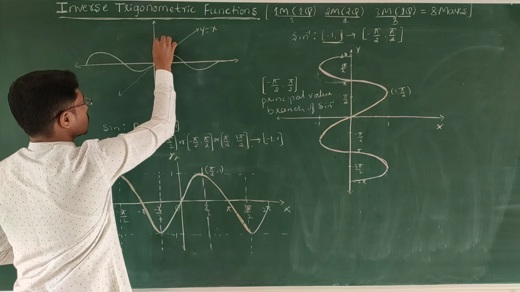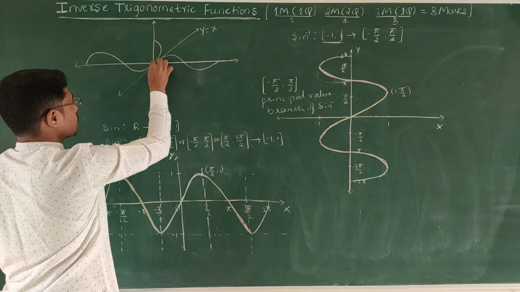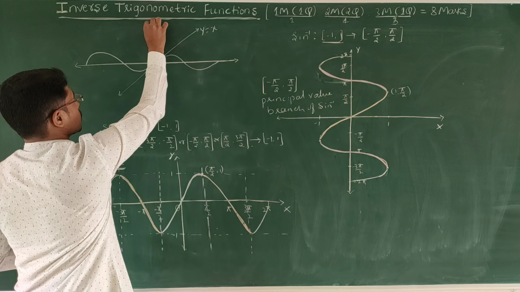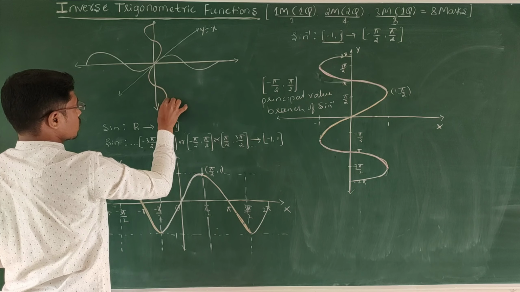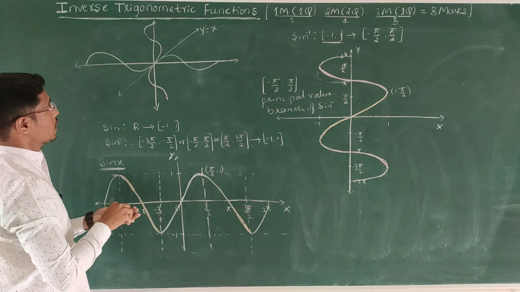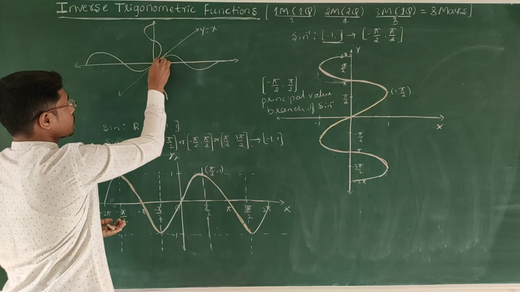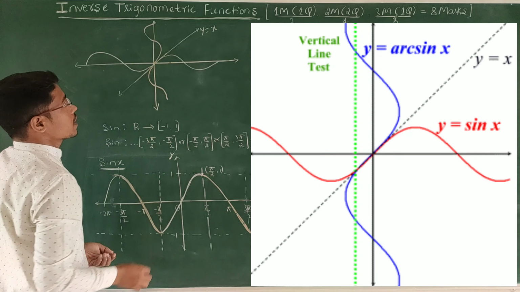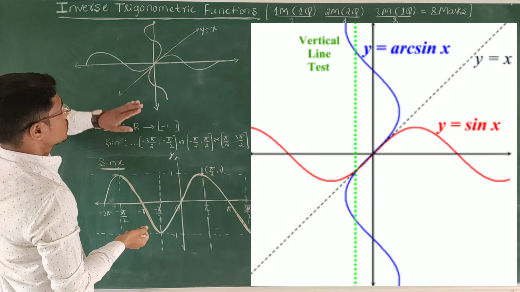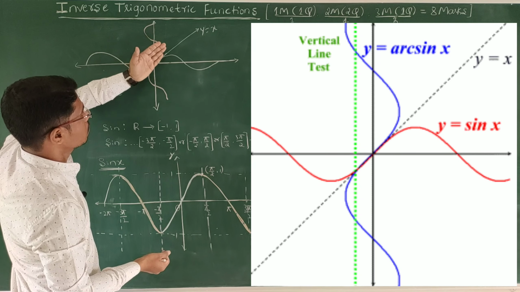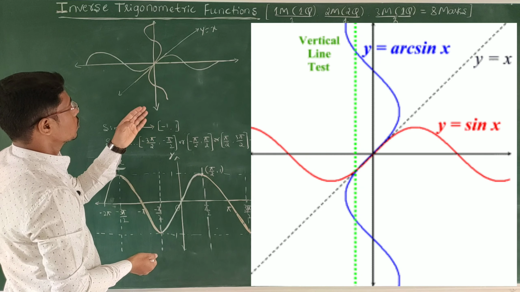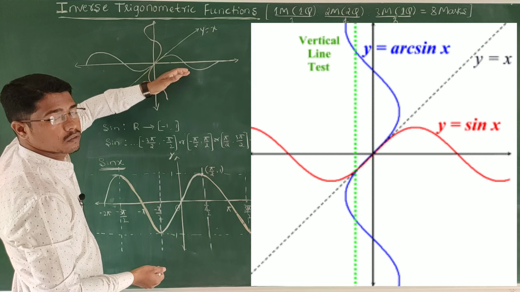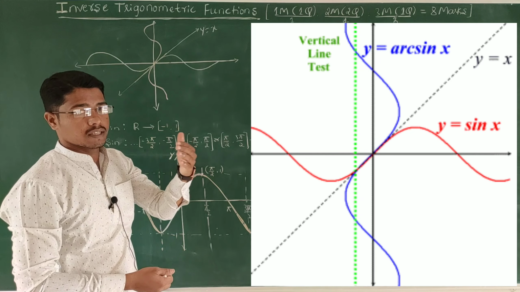This is the graph of the sine inverse function. See here, the straight line y equal to x passes through the center and makes a mirror image, above the straight line and below the straight line. When you face a mirror, you get your exact face.